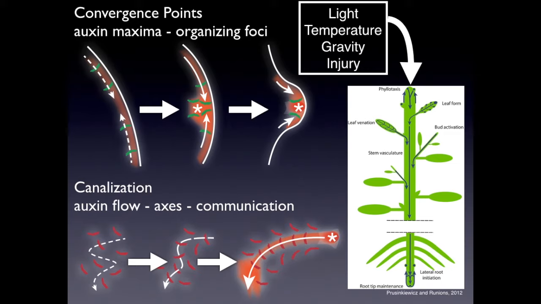So I'm going to review a few different important phenomena for how PINs mediate development. And throughout my talk, you'll be seeing polar PIN displayed with these little smiley faces and the transport of auxin with arrows. So one of the important things that PINs do is they can actually move auxin against the concentration gradient, allowing convergent polarization of PIN.